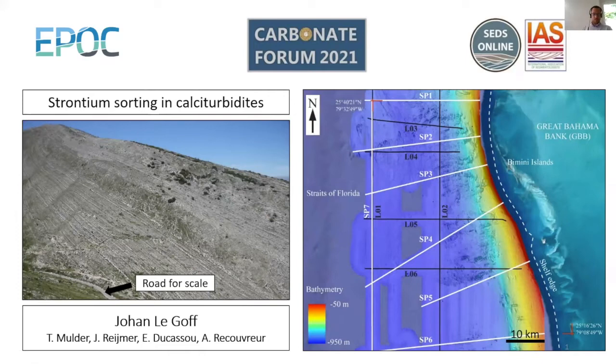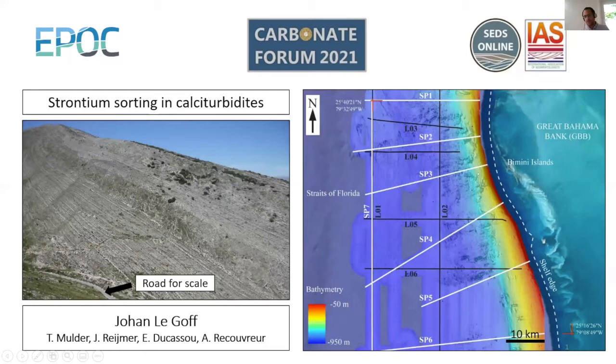My name is Johan Le Goff, and my research topic is mainly focused on carbonate slopes. You have two examples of carbonate slope on screen. On the left-hand side, you have a fossil example from the Upper Cretaceous series of Albania with nice turbidites and mass transport deposits.